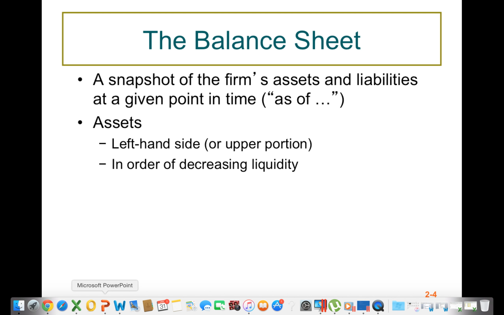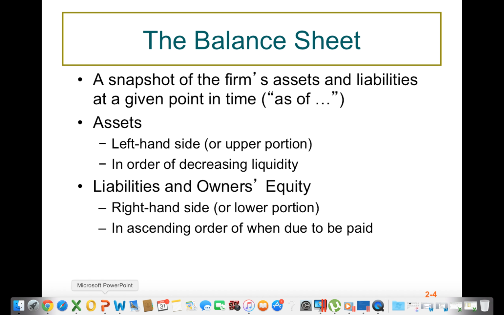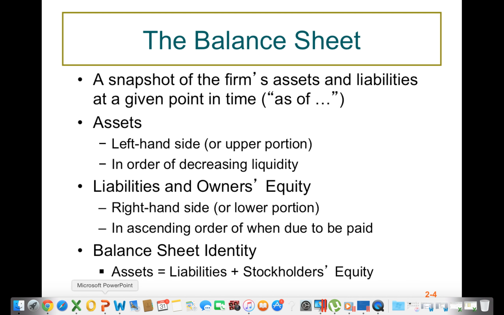And one way of thinking of assets is what a firm owns, whereas liabilities and owner's equity is what a firm owes. So this is the right-hand side or the lower portion, and it's in ascending order of when it's due to be paid. The balance sheet identity is assets are equal to liabilities plus stockholders' equity.